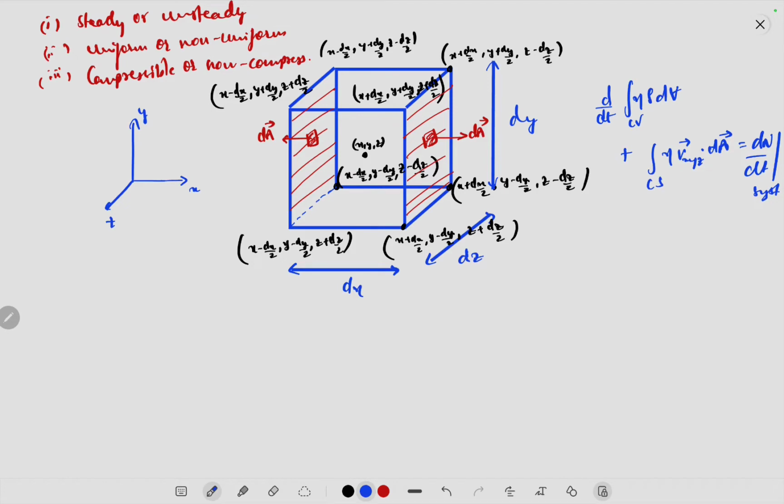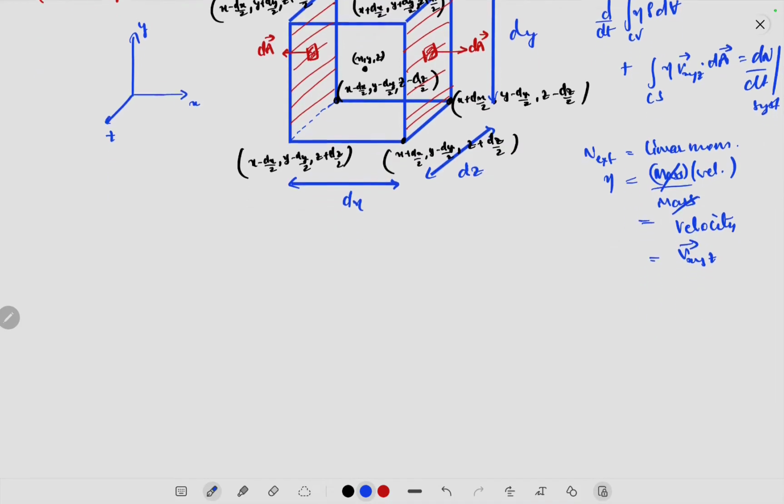Now in our case, since we are considering the extensive property as linear momentum, what will be eta? Eta will be the property divided by mass, and here the property is linear momentum, which is mass times velocity. So mass cancels out and we are left with velocity, v_xyz vector.